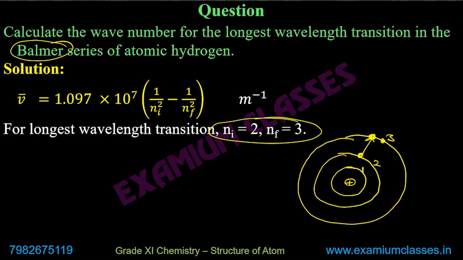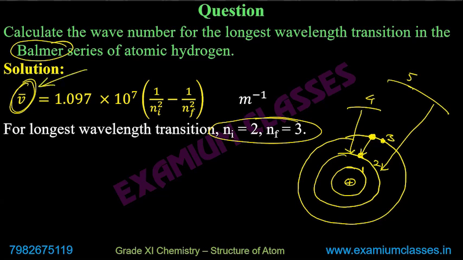Substitute those values. Why am I saying n1 equals 2 and final equals 3? As I told you, for wave number, n1 will always be less than n2. Even if the transition is happening from the fourth or fifth, n1 will be 2, and n2 will be 3, 4, 5, etc. for this wave number formula.